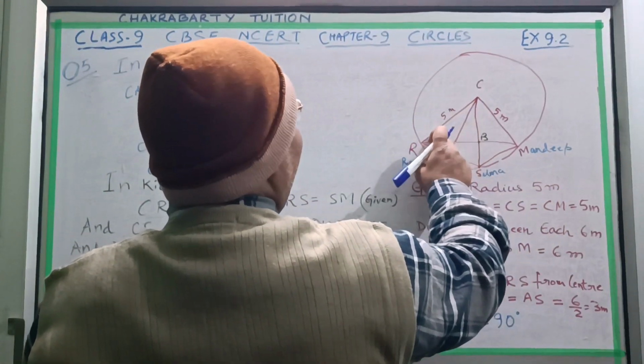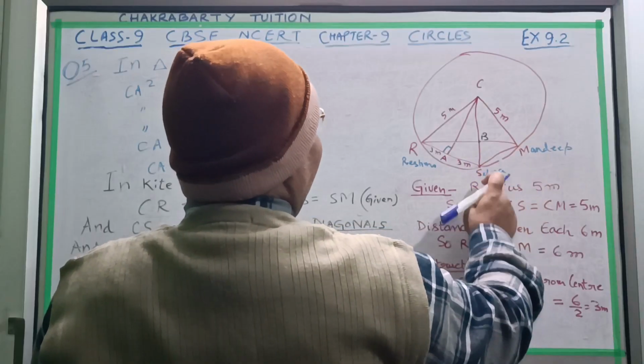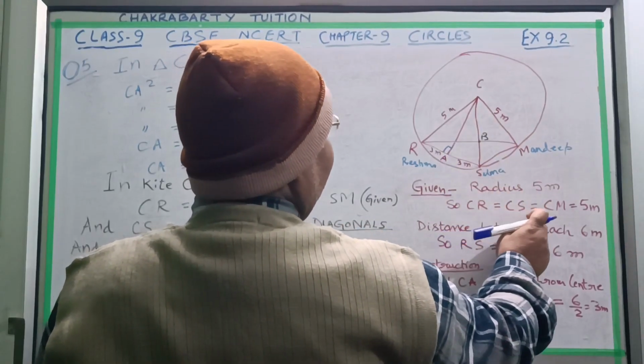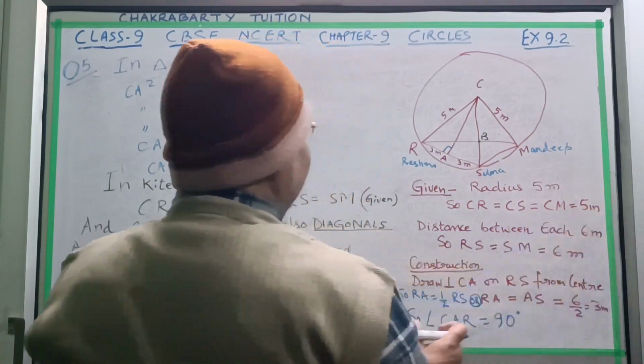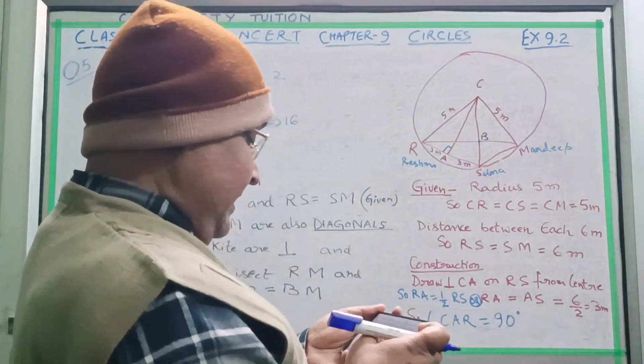So CR, CM and CS will all be equal to 5 meters, drawn in a park.